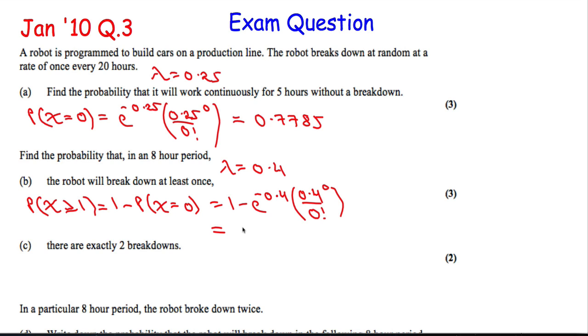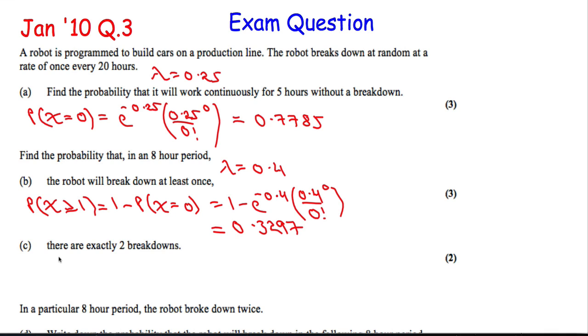Plugging that into your calculator, you get an answer of 0.3297. So just once again, the important part here is that lambda has changed, okay? If it breaks down once in 20 hours, well then in 4 hours, it would break down 0.2 times. So in 8 hours, it would be 0.4 times.